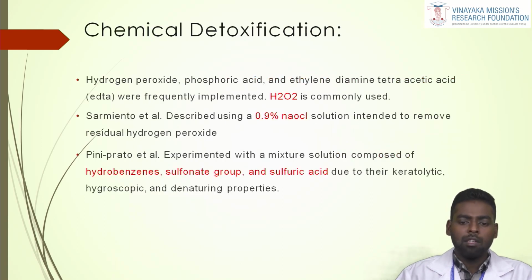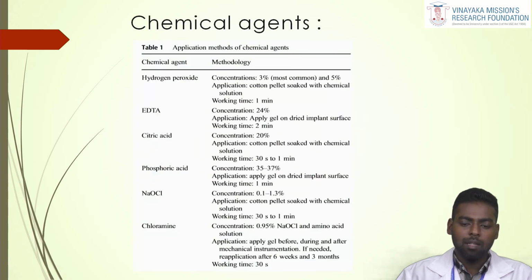Moving on to detoxification using chemicals such as hydrogen peroxide, sodium hypochlorite and chlorhexidine, different concentrations should be used according to the needs. First, for hydrogen peroxide, a concentration of 3% is allowed. For EDTA, 24% is allowed for 2 minutes.